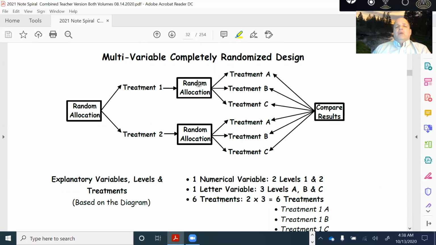And then the next treatment will be randomly assigning to maybe a new drug, old drug, and the placebo. And at the end of time, we're comparing results. Obviously, we have three levels with the second explanatory variable. And if we have the first explanatory variable of 2 levels, the next one of 3 levels, 2 times 3 is 6, we see that we have 1, 2, 3, 4, 5, and 6 total treatment groups.